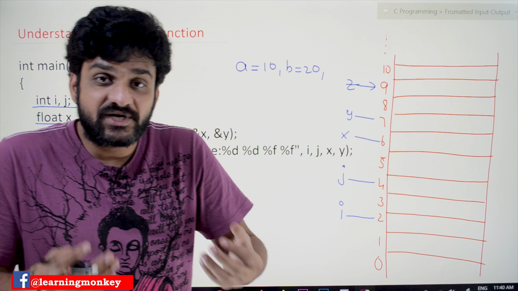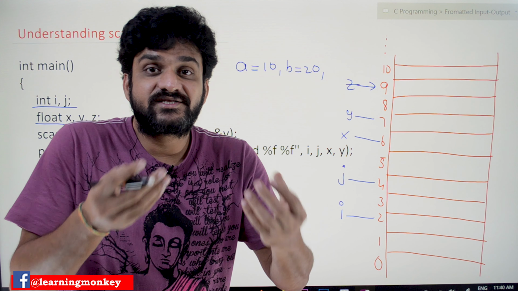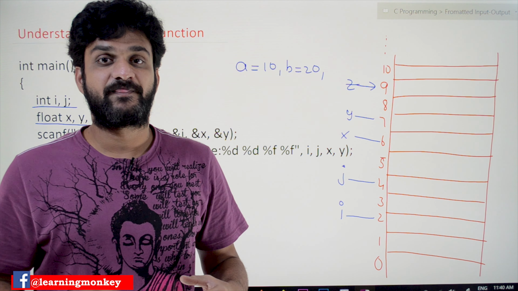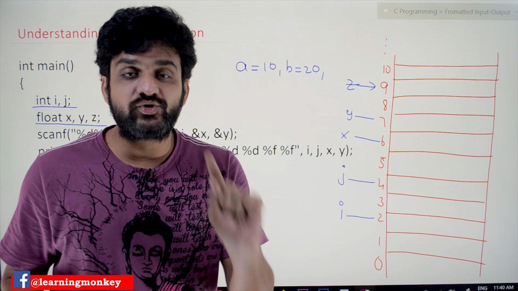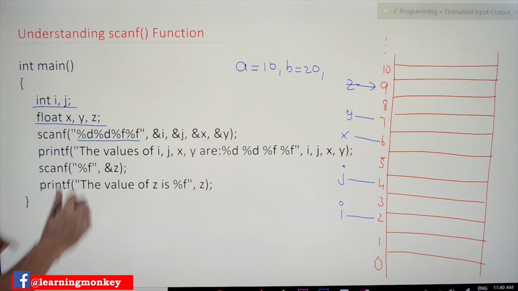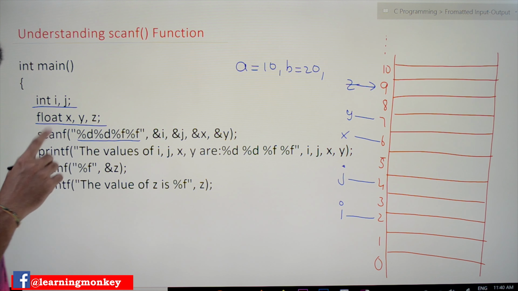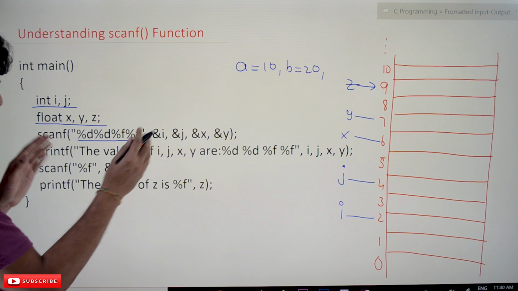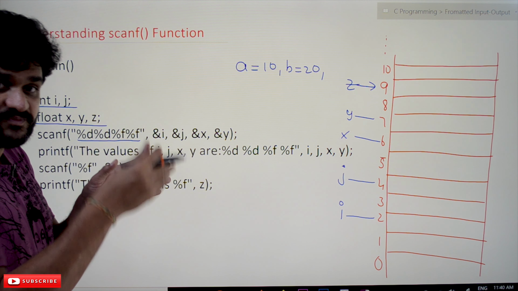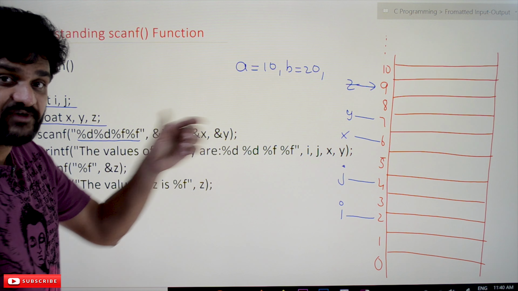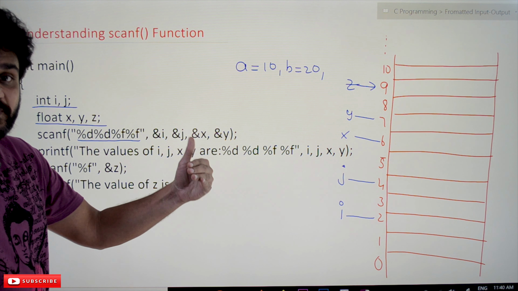The scanf statement can also use the format string in the same format, but it is good practice not to involve any characters. As we have seen in the printf statement, we can use characters, and the conversion specifiers can be used at specific points where those values are to be printed.